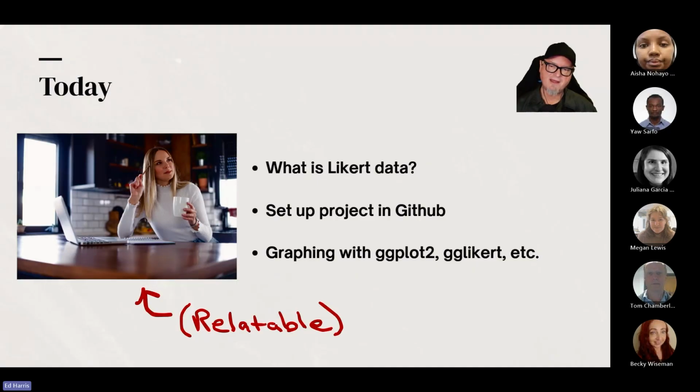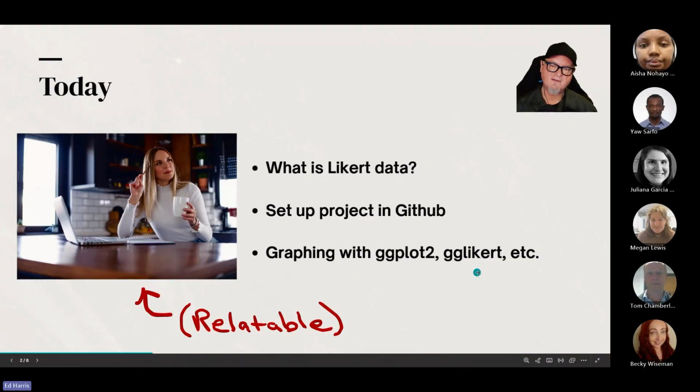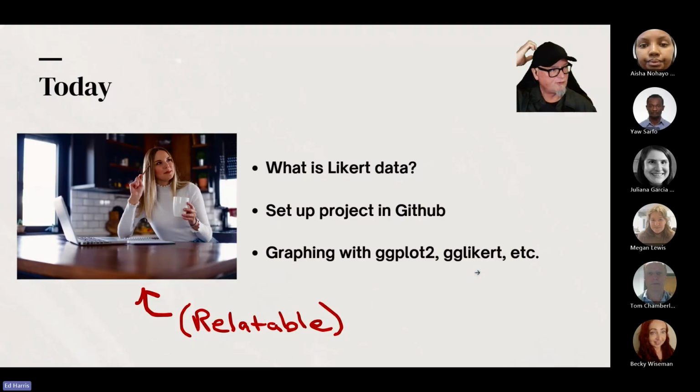And the thing I like about ggLikert is that the other solutions I've used in R require me to be aware of all the little details for information that's extracted from survey data, and I have to manually implement that.